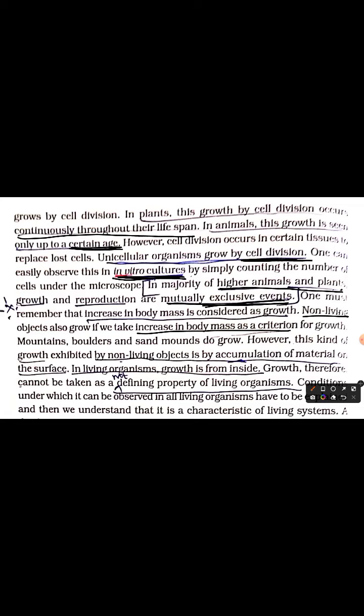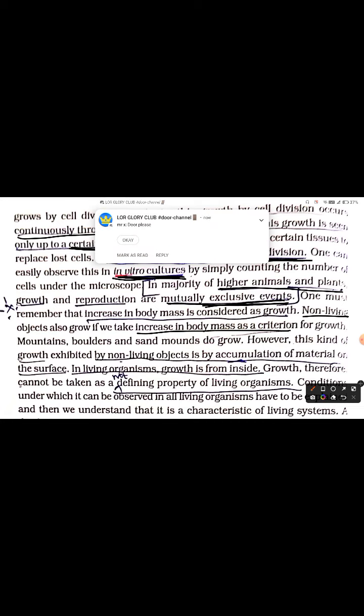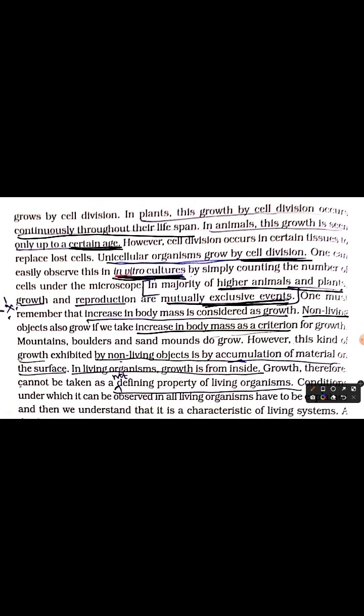But we can't say that the mountain or hill is growing, because they are not living organisms. So we can't consider increase in body mass as the criterion.